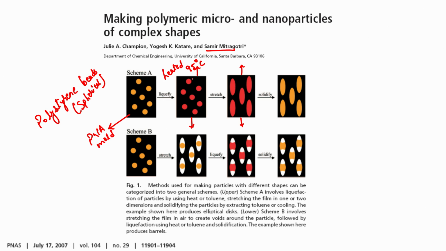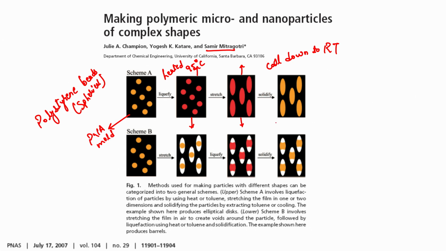And because this liquid is going to fill up these pores, you can then cool it down to room temperature, and you will now have a polymerized polystyrene which is of an ellipsoidal shape, right. So, that is one of the methods that they have used to make these different shape particles.